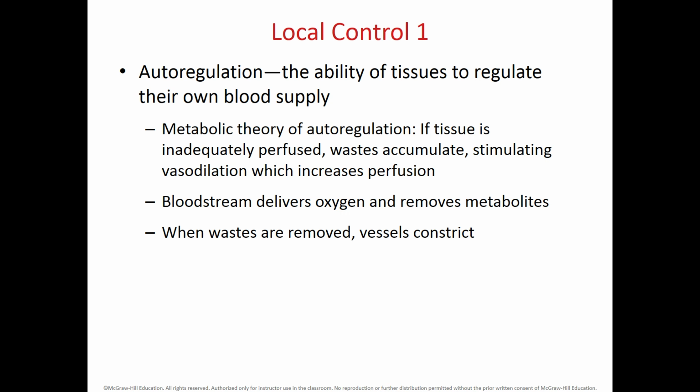vasodilation to increase perfusion. For instance, when you start doing exercise, you start producing more CO2 with your cells and you increase the demand for oxygen.